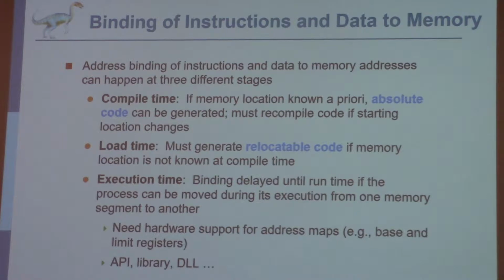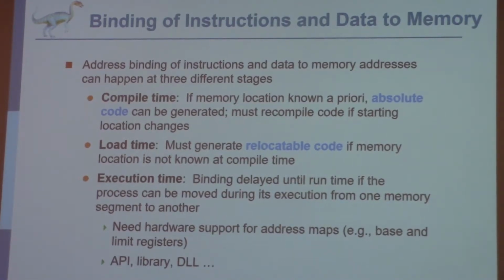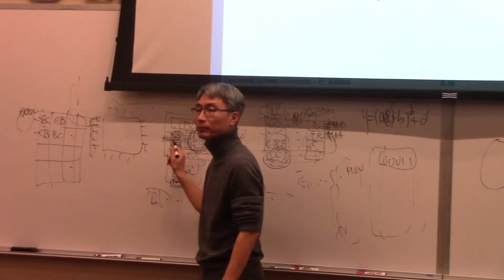There are different types of binding. The first one is compile time. Compile time means that when you compile, the physical address is bound, which means it is fixed. That means you need to always load the process at the same position.